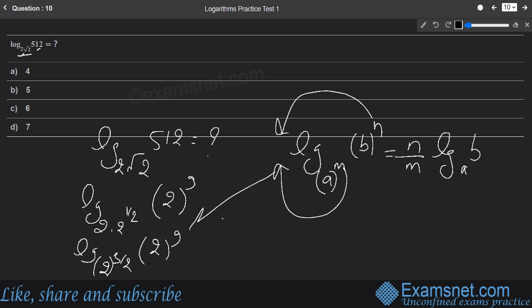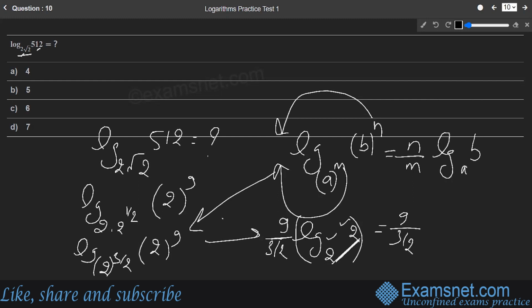Using this here, we get the final expression as log base 2 of 2, where this 9 comes in the multiply part and this 3 by 2 comes in the divide part. Log base 2 of 2 is always going to be 1, whenever the base and number are the same. So ultimately we get the final answer as 9 divided by 3 by 2, which is 6, and it is available in option C, so that is the right answer.